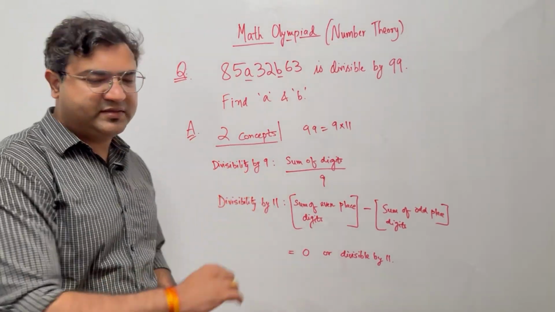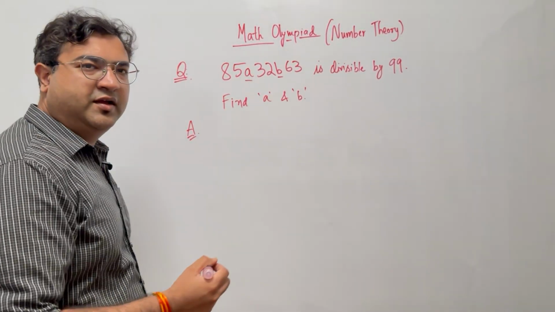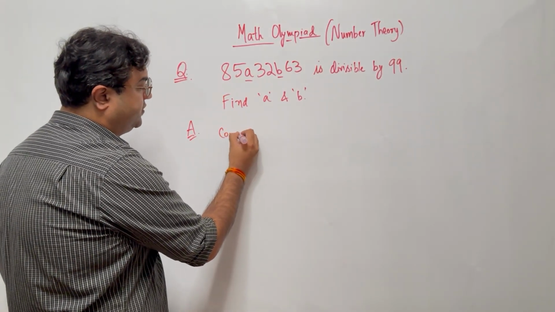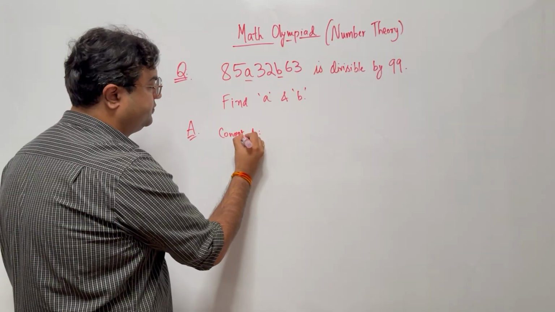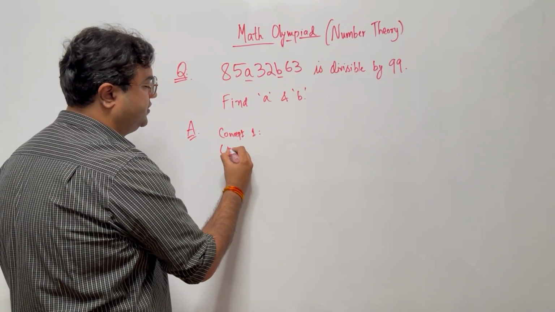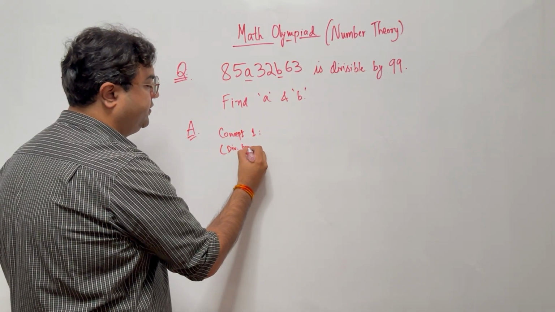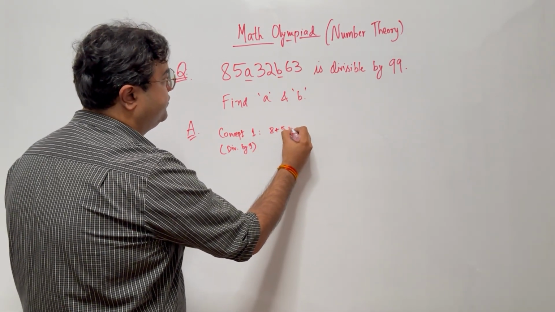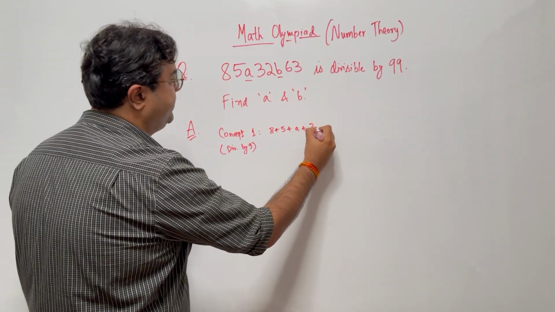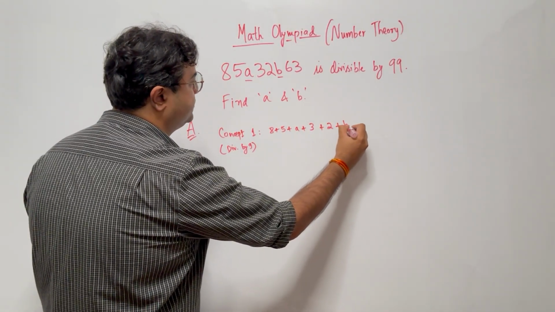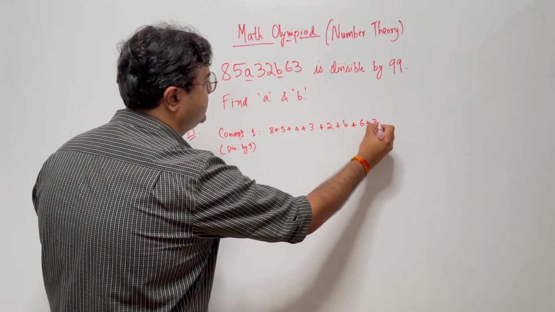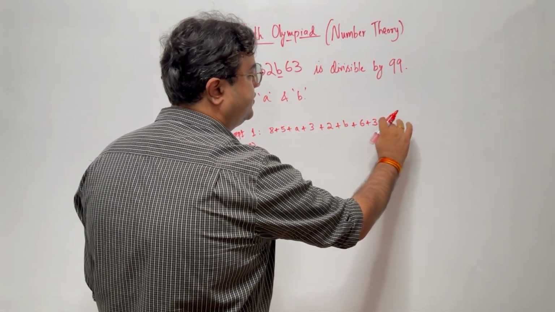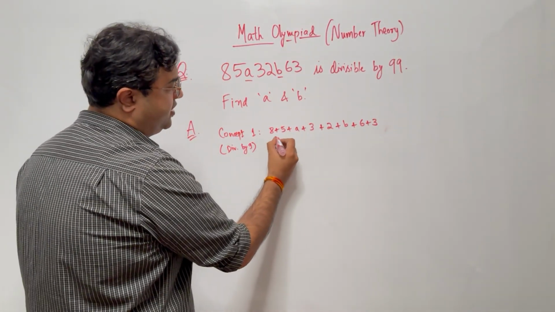Okay, so let me erase this. From concept 1, which is divisibility by 9, 8 plus 5 plus A plus 3 plus 2 plus B plus 6 plus 3 should be divisible by 9.